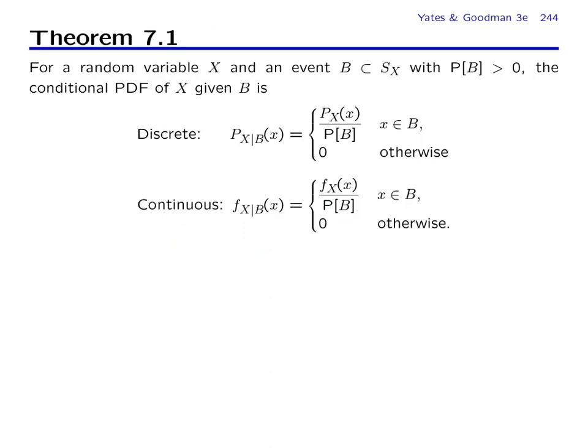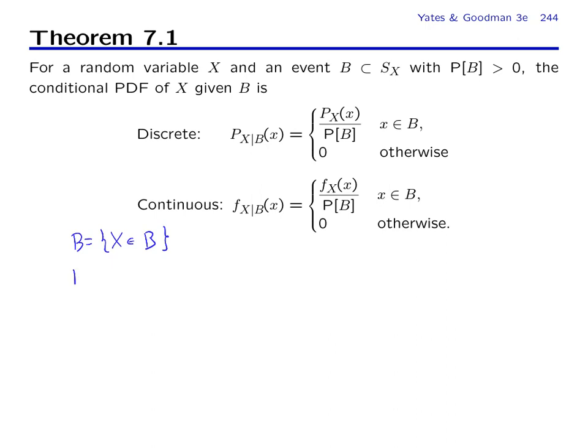When B is shorthand for the event that X belongs to the region B, this theorem gives us simple formulas for calculating the conditional PMF and conditional PDF.